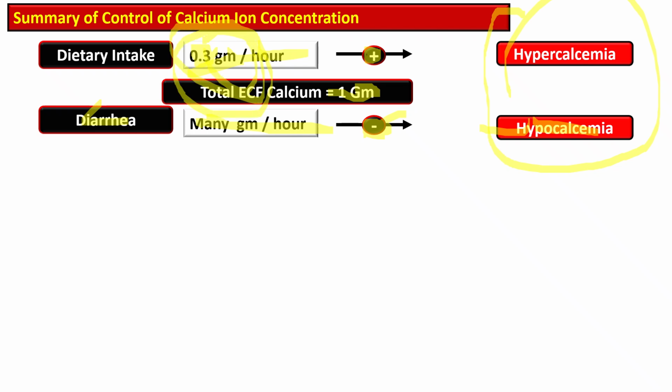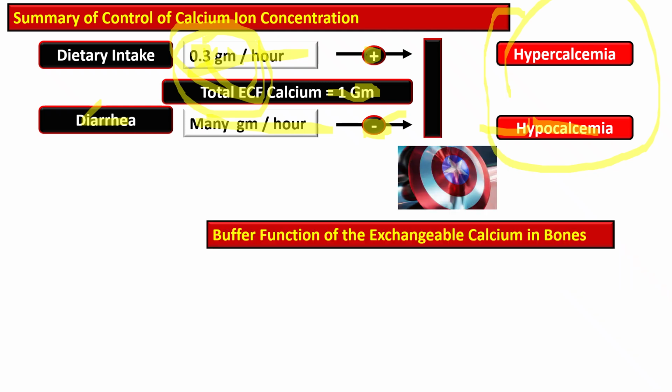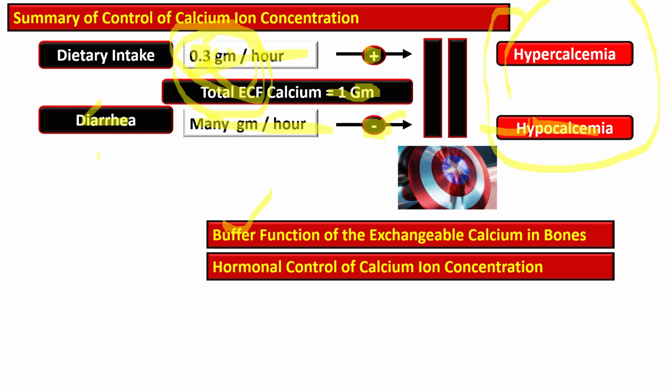Before hormones like parathyroid hormone or calcitonin respond, there is exchangeable calcium present in the bone, and this acts as a buffer. It absorbs or releases calcium rapidly into the extracellular fluid and maintains a stable calcium level.